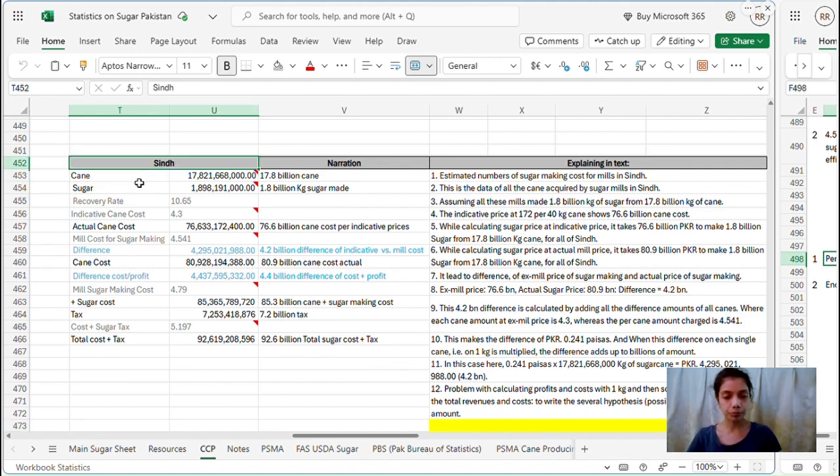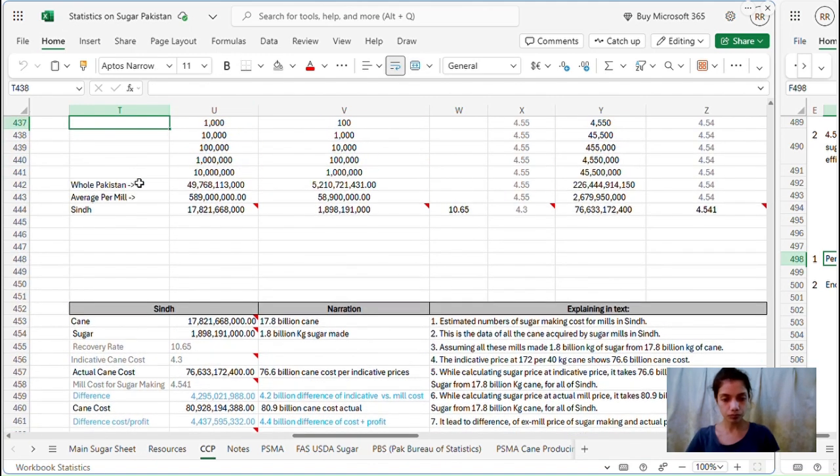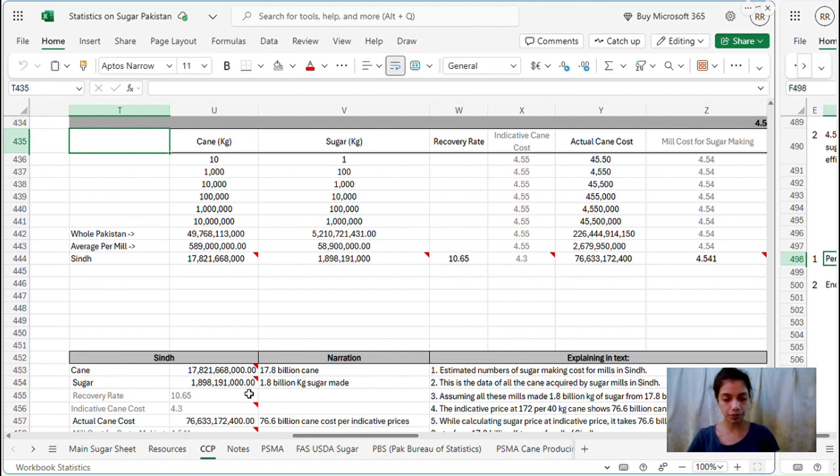So this cane number I have got from here, and this sugar number I have got from here, and this is the sugar recovery rate here, and this is the 4.3.